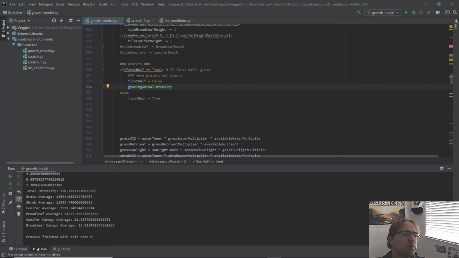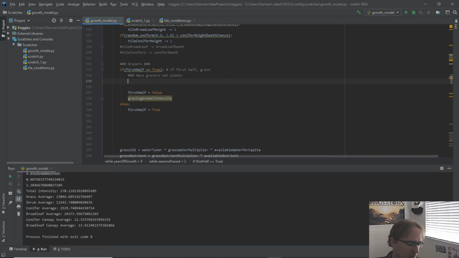Alright, so this is tricky. We've got to figure this out. Okay, let's express what we're trying to do here. We want our grazers to primarily target grasses, but we also want them to incidentally kill shrubs as well as trees with low average canopy height.